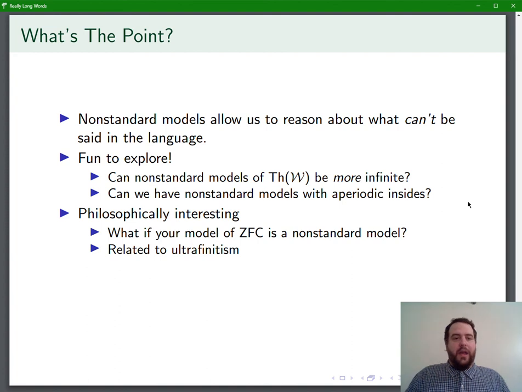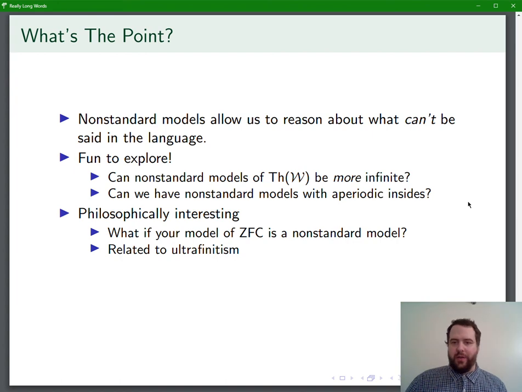And non-standard models are also philosophically very interesting. One of the questions you need to face when you think about non-standard models is, what if your model of ZFC or arithmetic, and you can talk about these as first-order structures, is non-standard? Non-standard models of things as powerful as ZFC or arithmetic are gross.